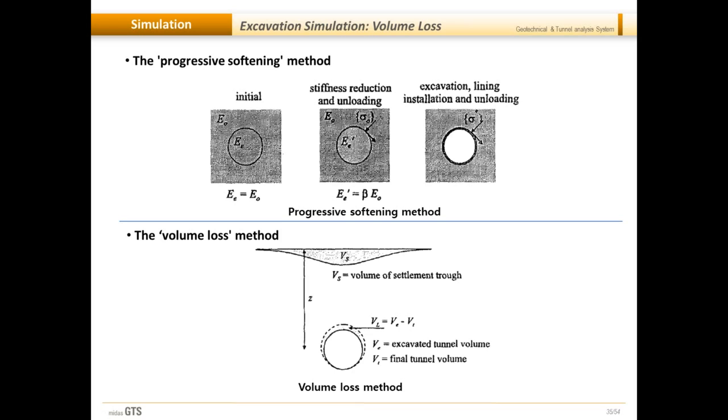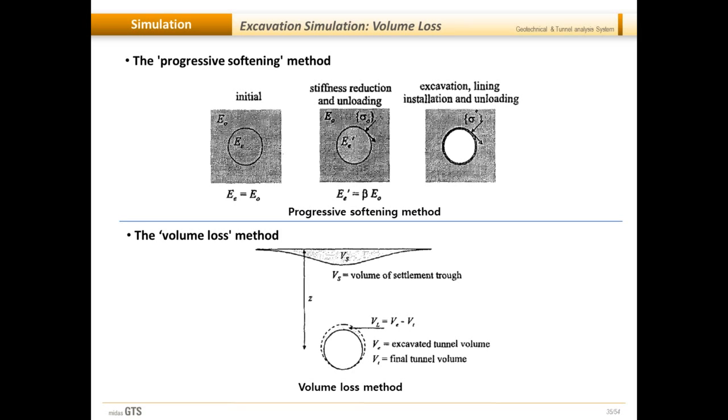So you should activate the lining increments at, let's say, 1.5% of the volume loss, because under the given loads, the lining will also deform and the volume loss would further occur. So if you activate the lining after 2% losses, then the lining will further deform and the losses would actually be greater than what you anticipate.